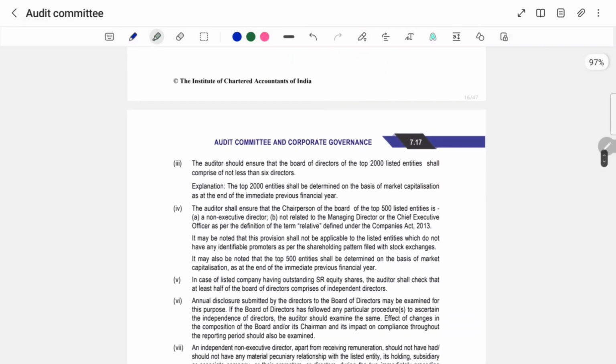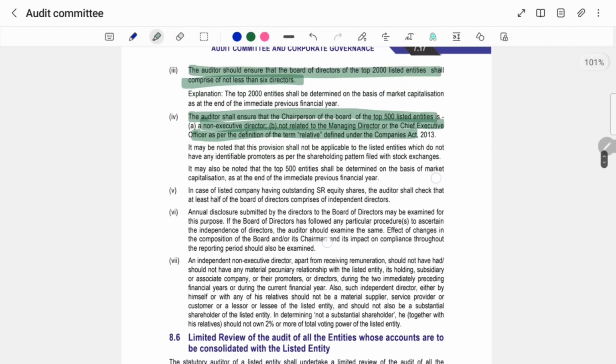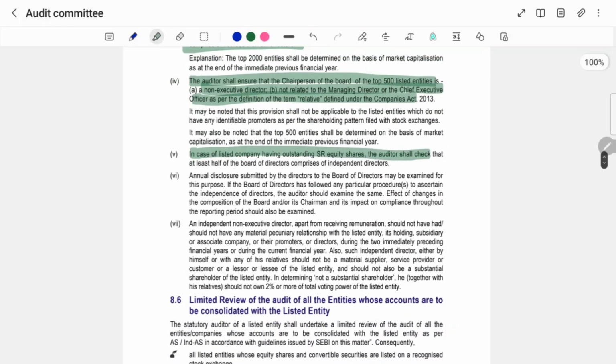So here I have highlighted the points. Go through these points, learn the limits.